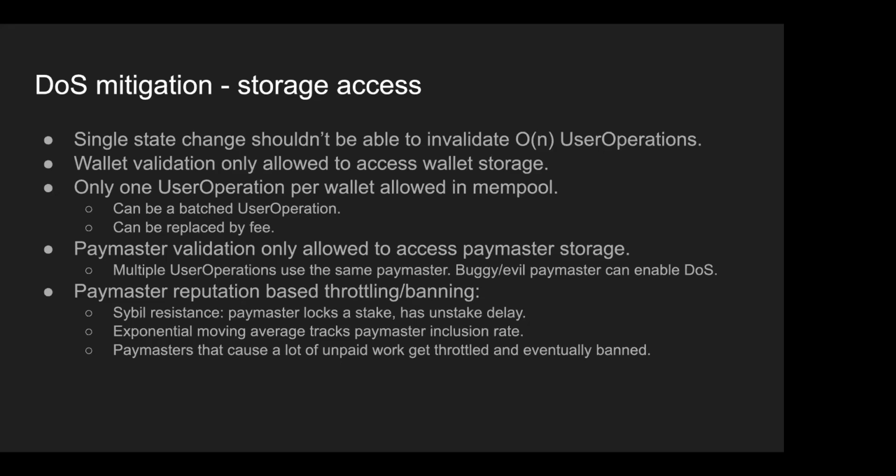So this is the inclusion. This reflects the inclusion rate, and this rate must be kept sufficiently high. If it drops below a certain point, it means that the Paymaster is causing too much unpaid work, so it will get throttled. And eventually, if it keeps doing that, it will get banned.